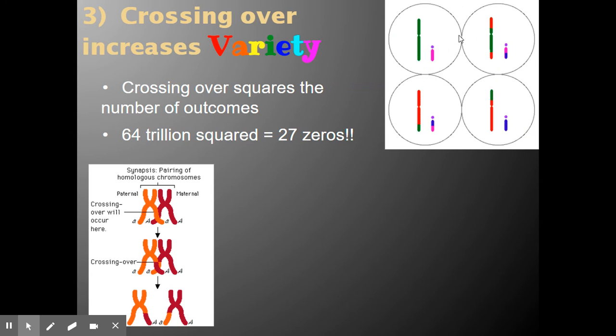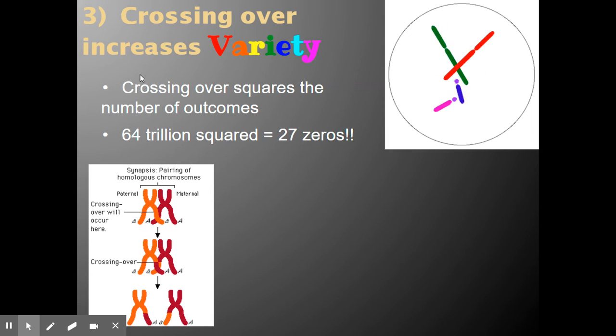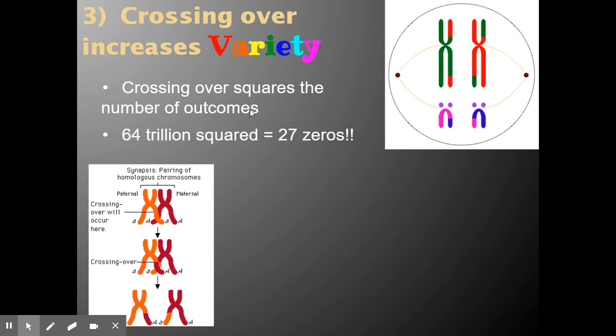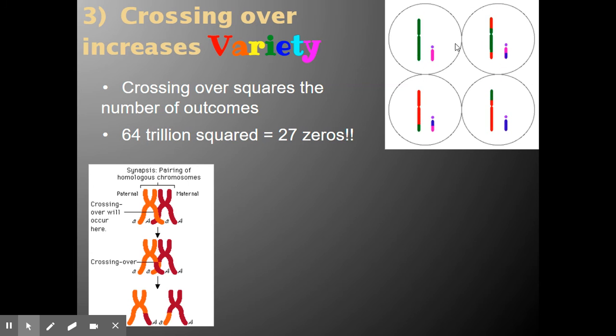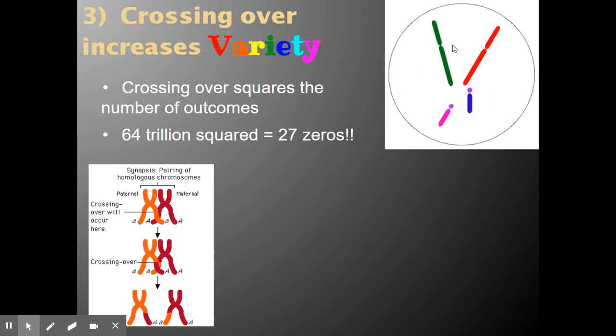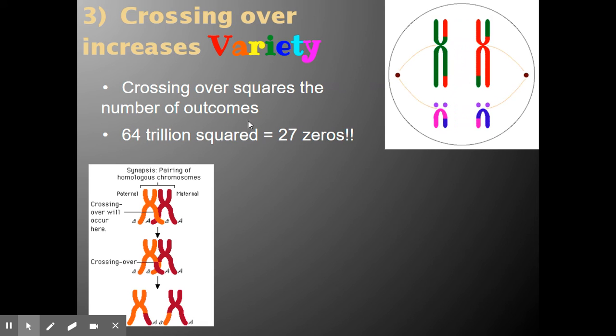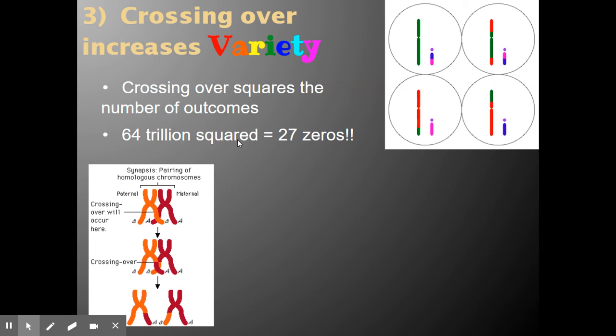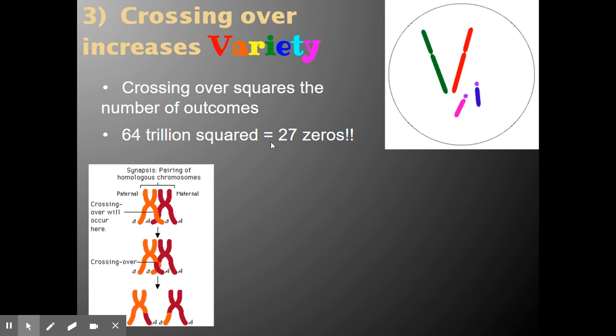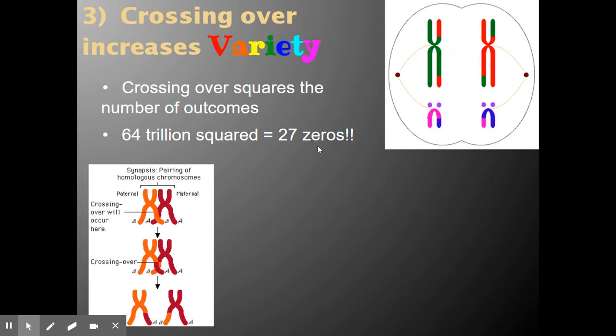Remember our crossing over? Crossing over squares the number of outcomes because crossing over can happen in each of our homologous chromosomes to produce 64 trillion squared, which is something that has 27 zeros behind it.